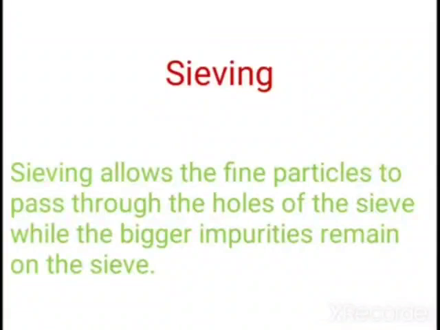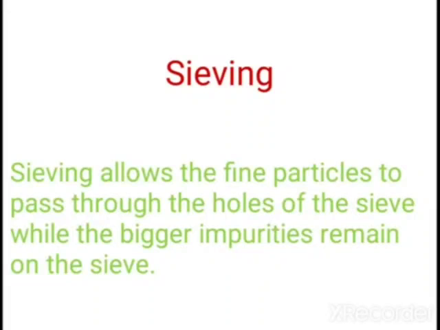Here is one more method, that is sieving. Sieving allows the fine particles to pass through the holes of the sieve while the bigger impurities remain on the sieve. What is the meaning of the sieving method? Sometimes we may wish to prepare a dish with flour.